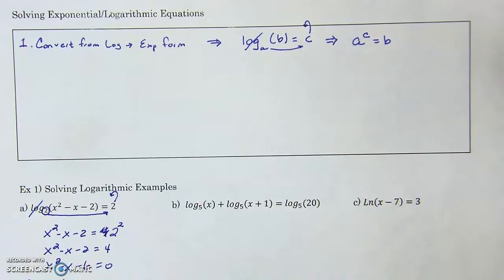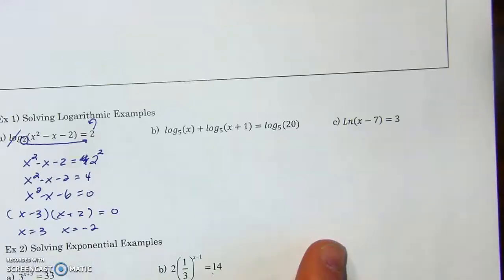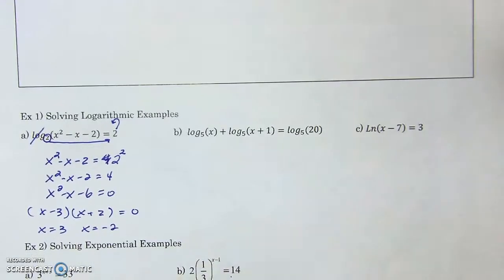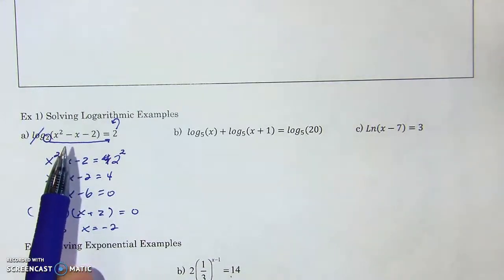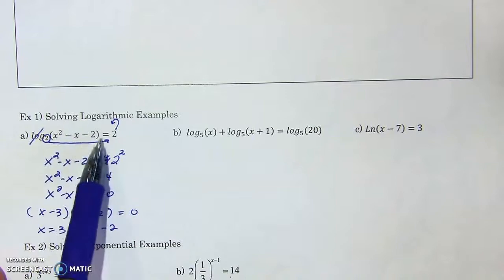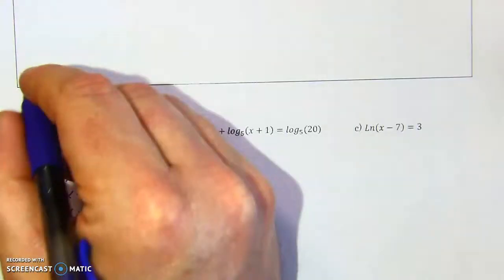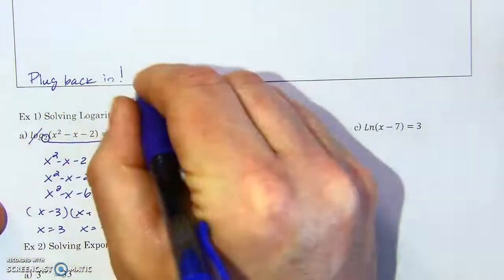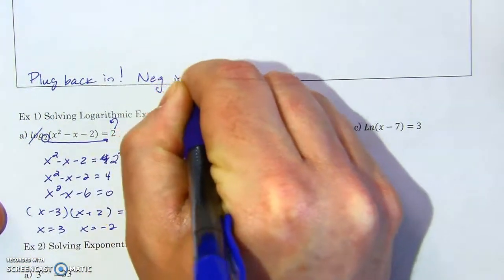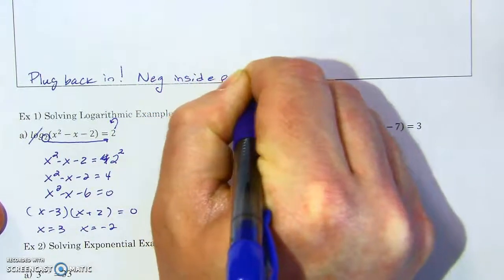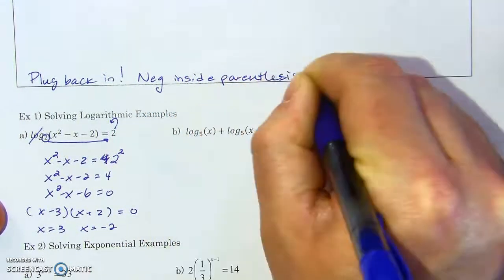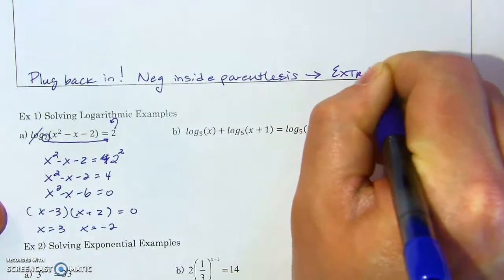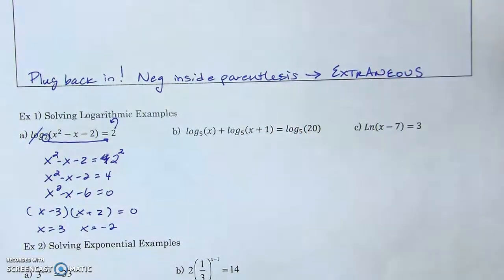What we need to make sure we do is check for extraneous solutions. If any of the x values that we plug into this equation would give us a negative inside the parentheses, those would be extraneous solutions, and we would want to throw out that answer.